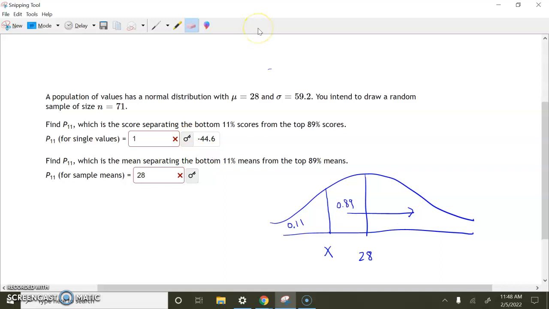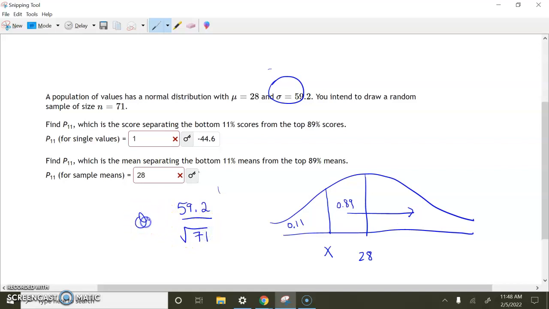All right, so then the next question is about the sample means. When we're talking about sample means, we have to take that standard deviation, this 59.2, and divide by the square root of 71.